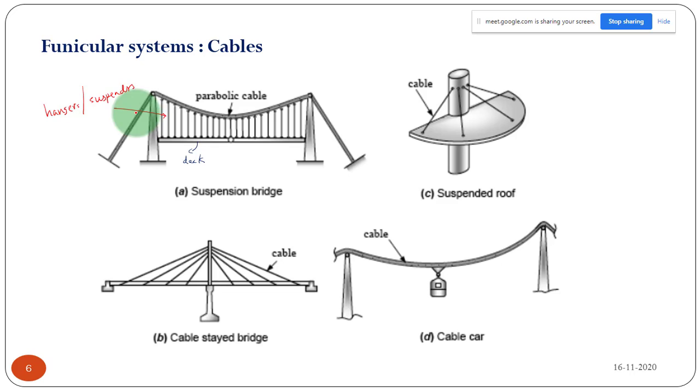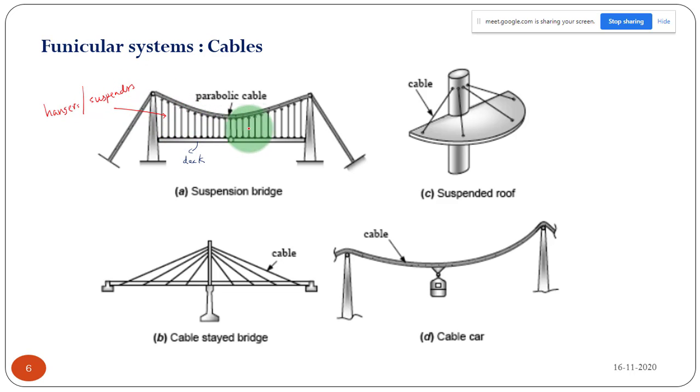They are also always under tensile force. They transfer the deck load, the weight of the deck, the weight of the vehicles, the weight of the people walking over this deck. All these loads are transferred from the deck to the main cables through these hangers or suspenders.